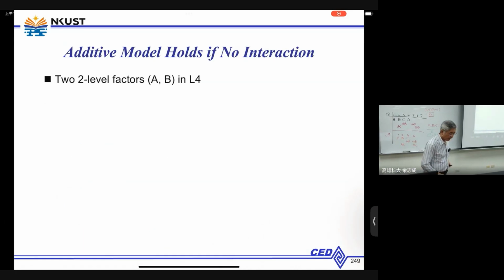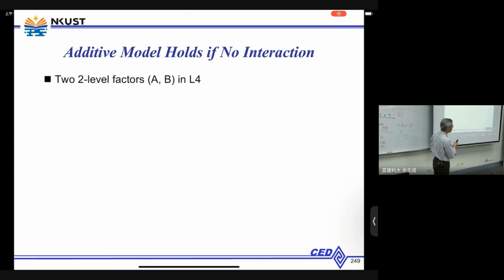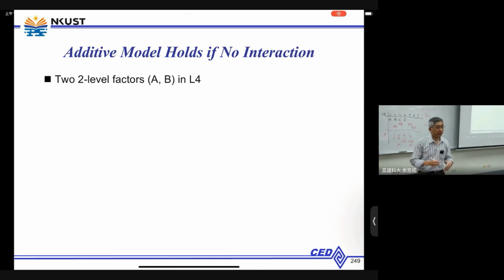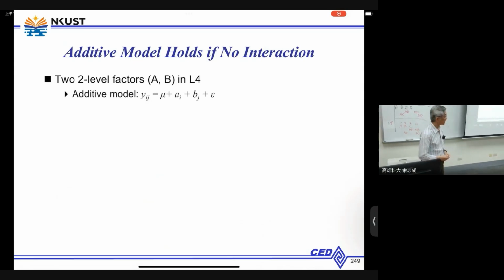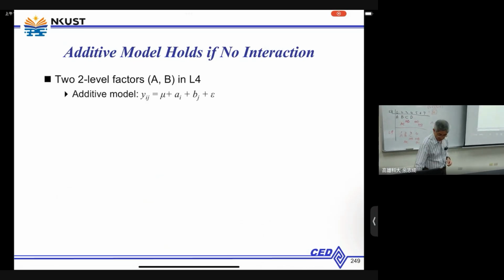And when there is no interaction, the additive model will hold, which means that the additive model will give us a very good prediction. Again, let's use this example. For this L4, the additive model will look like this because we have only two control factors.